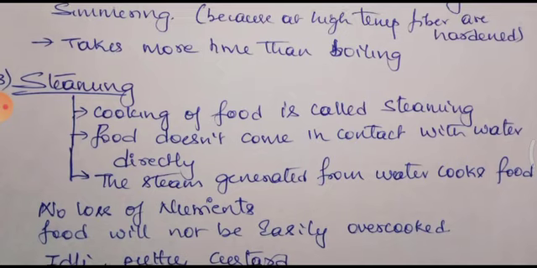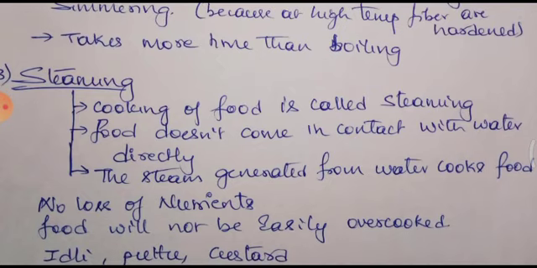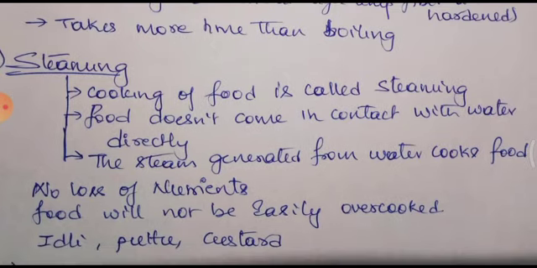Next is steaming. As the name indicates, steam is obtained from boiling water, and that steam cooks the food. Water is boiled and made into vapor. Food does not come in contact with the water directly.